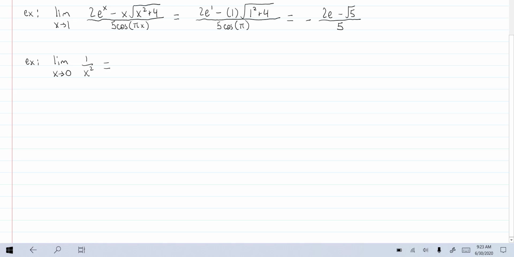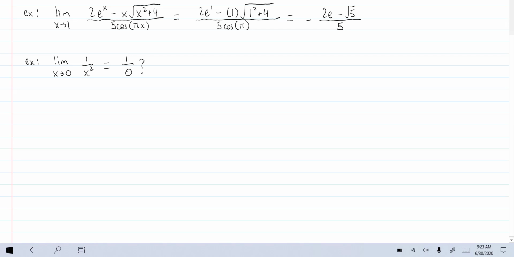So if we simply plug in 0 for x, we're going to get 1 over 0. Now, division by 0 is undefined, so 1 over 0 can't be the answer. It doesn't make sense. So how can we determine what this limit actually equals?